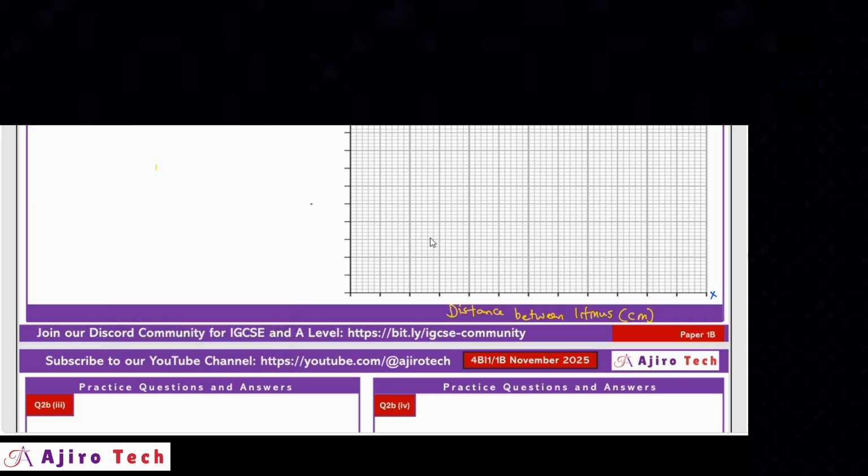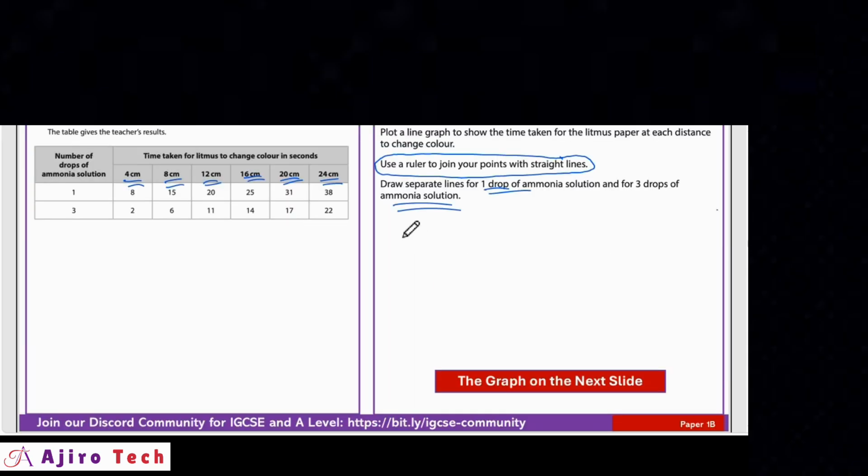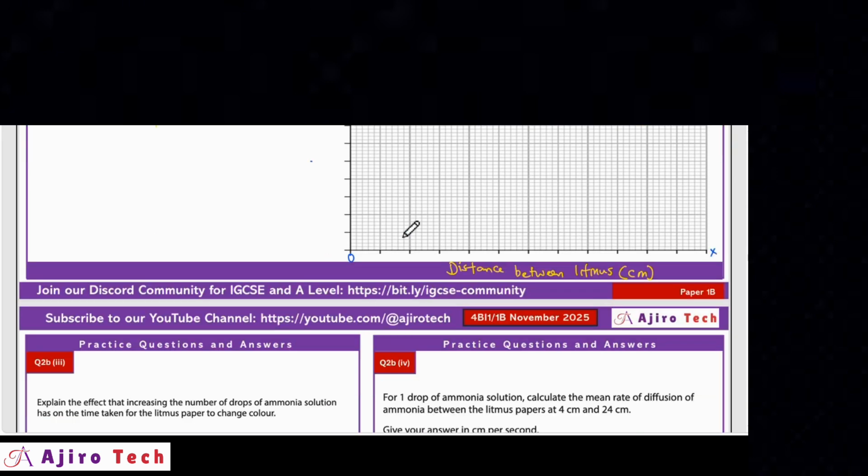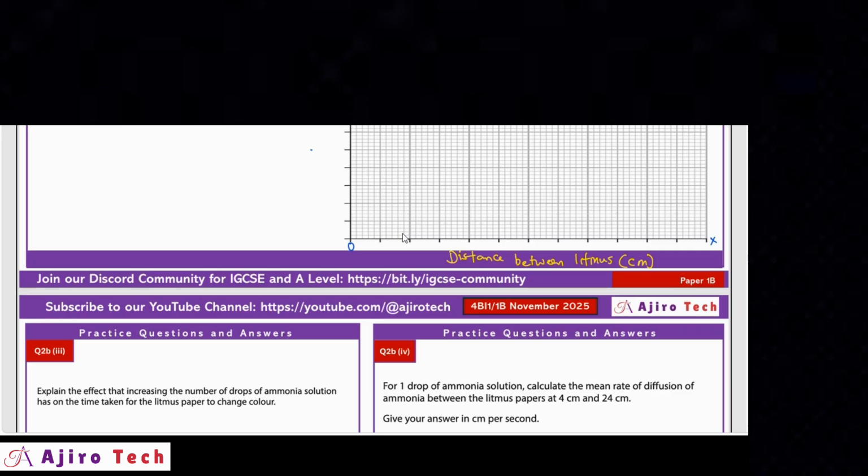So now let's begin to mark our distance. So this is 0. The highest reading for the distance is 24. The lowest is 4. The highest is 24. So let's see how we can write this line. 1, 2, 3, 4, 5, 6, 7, 8, 9, 10, 11, 12. 24 divided by 12 will equal 2.